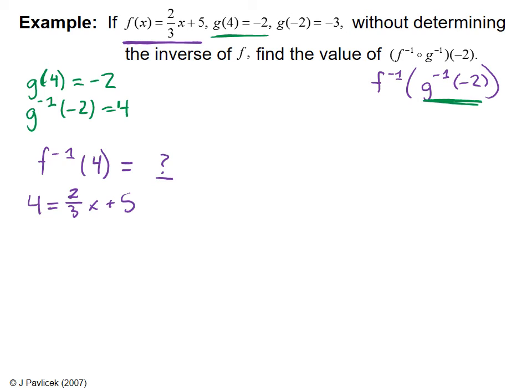So when it says without determining the inverse of f, that means without actually figuring out what that function would be. But we're still allowed to use that f of x in order to find f inverse. We're just not figuring out f inverse of x in terms of x. So here we'll subtract 5 from both sides. Multiply both sides by the reciprocal, and you'll get that x is -3/2.